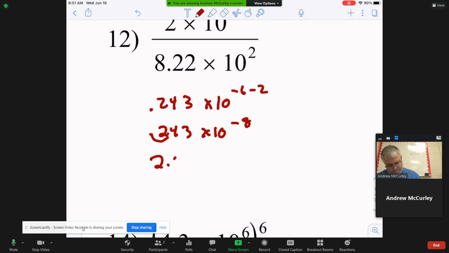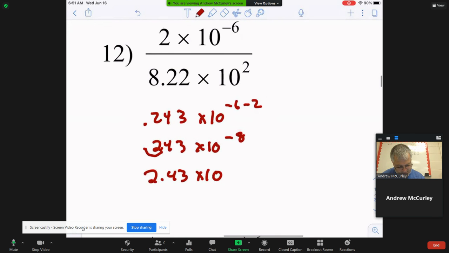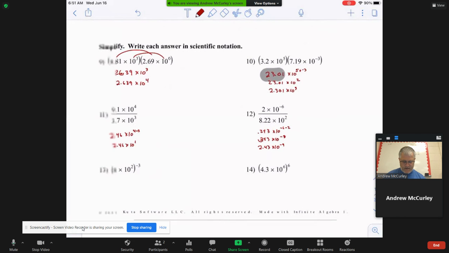Instead of adding 1 to it, I have to subtract. So it turns out this is going to be to the negative 9th. I had a very small number, and I made it even smaller. I moved that decimal point to the right, so I have to subtract 1. All right, that's those 4.